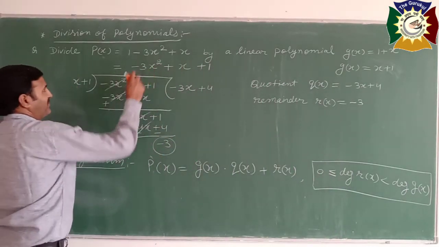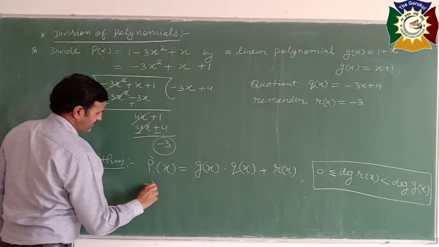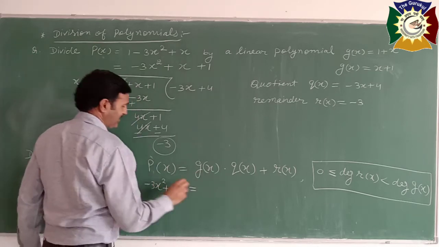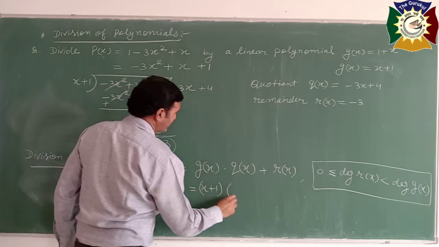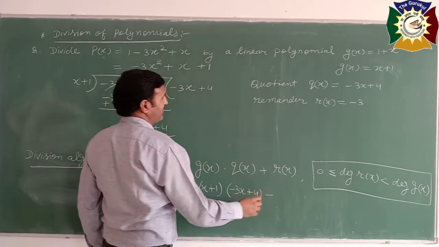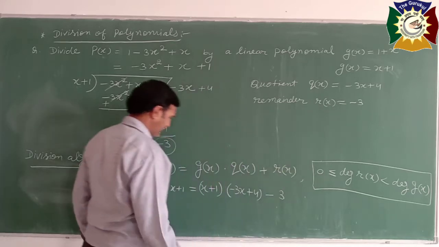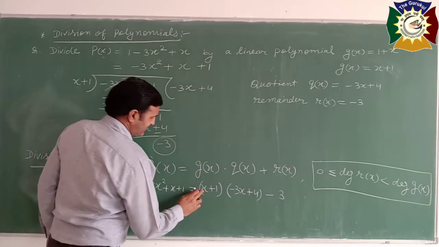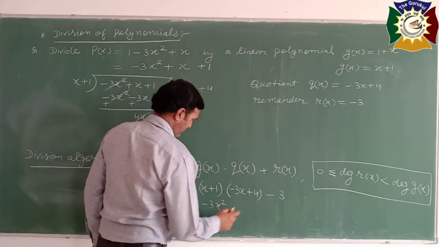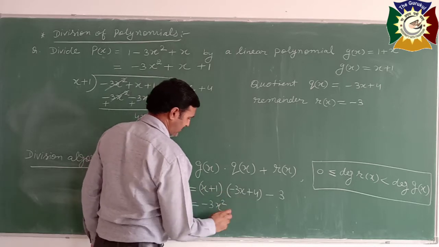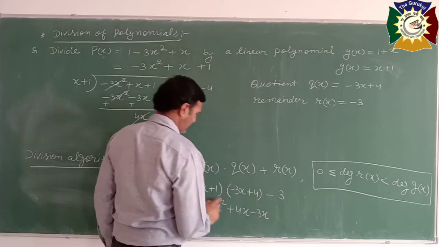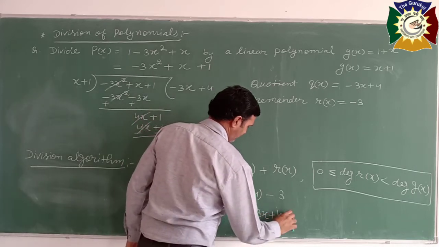So the p of x for this is minus 3x square plus x plus 1, g of x is x plus 1, quotient minus 3x plus 4, remainder minus 3. On simplifying this, minus 3x square, open these two brackets, plus 4x, 1 multiplied by minus 3x, 1 multiplied by 4, minus 3.